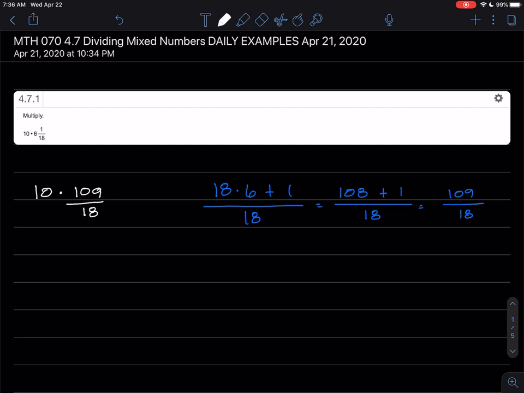Now to simplify, I'm going to look to see if I can cross-cancel anything from the top to the bottom. You can always visualize the whole number as something divided by 1, so 10 over 1. I'm going to take a common factor of 2 out of the 10 and the 18, so 10 divided by 2 is 5.